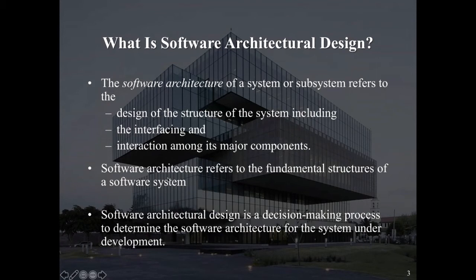Another definition: software architecture refers to the fundamental structure of a software system. Basically, when you are designing the architecture, it's a decision-making process in which you determine what the components of your system will be and how those components will be interacting with each other.